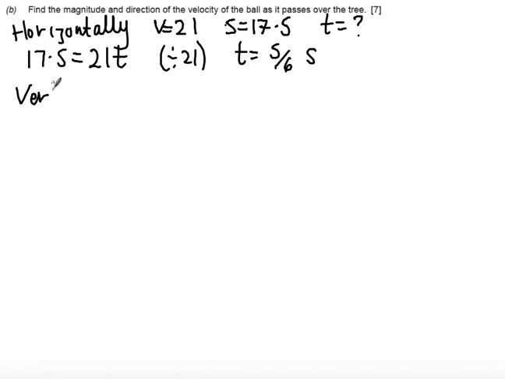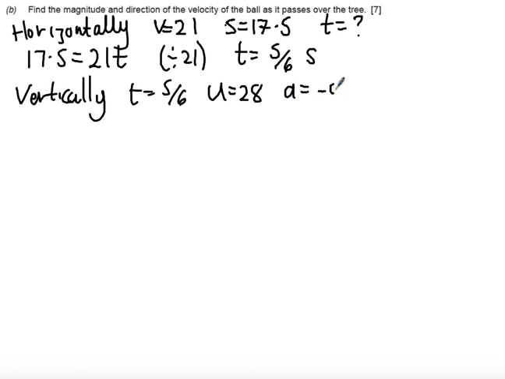Now, vertically, we now know that T equals 5/6. We still know that U equals 28. I know that A equals minus 9.8, and I'm looking to find V. So the equation I need to use here is V equals U plus AT.